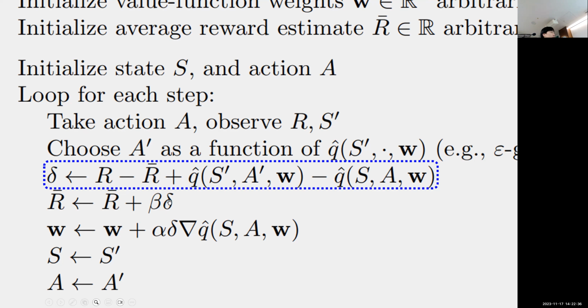Then we update. Actually, this average reward needs to be updated too: the previously calculated average reward plus the step size times this newly calculated delta. And we update this average reward. Since this delta serves as the differential part, we can put it here. Then this is the major update equation we looked at previously, right?